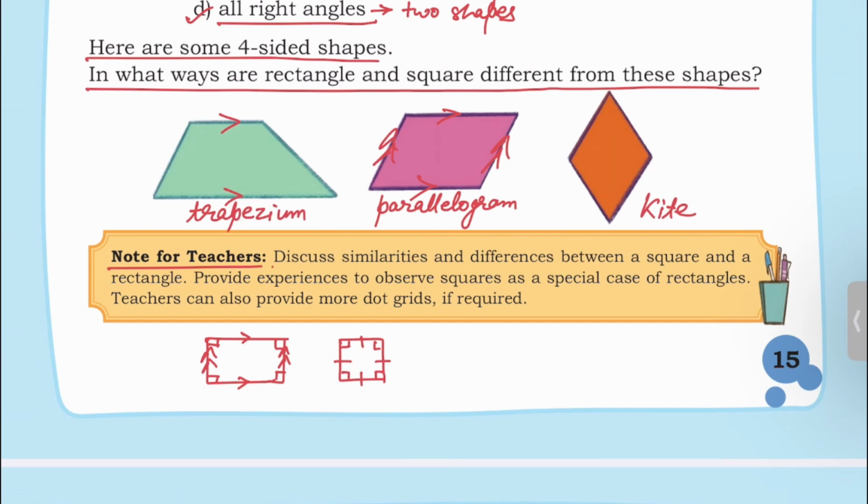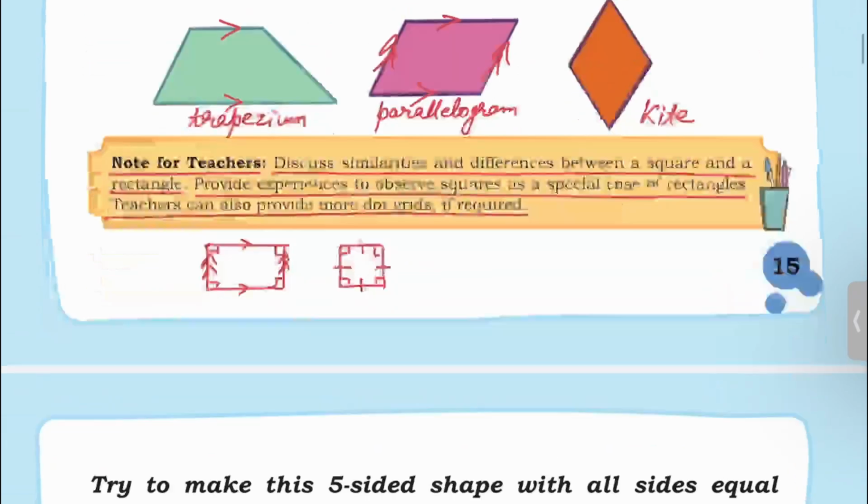Note to the teachers: discuss similarities and differences between a square and a rectangle. Provide experiences to observe squares as a special case of rectangles. Teachers can also provide more dot grids if required.